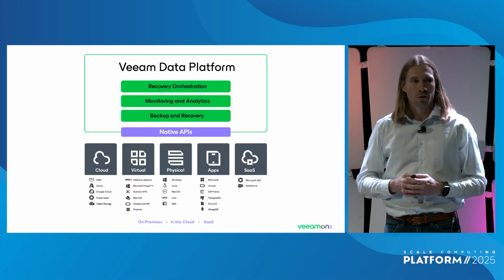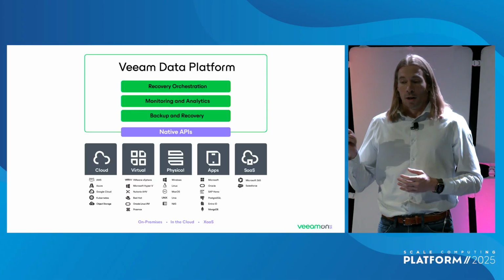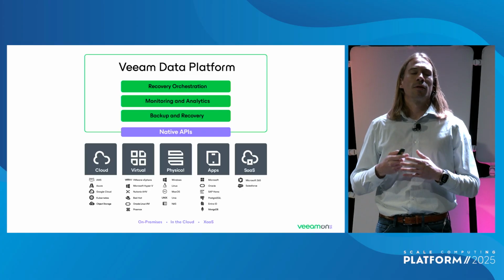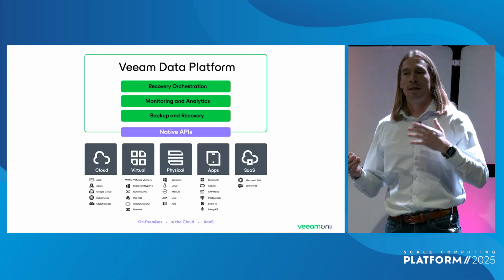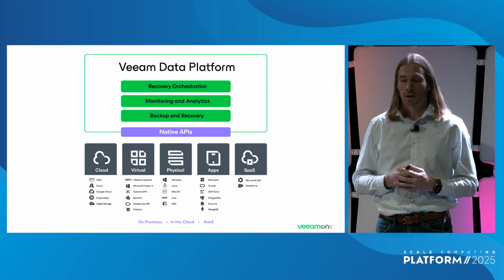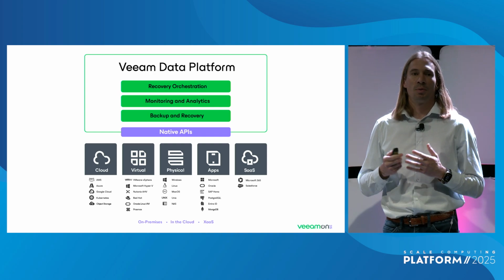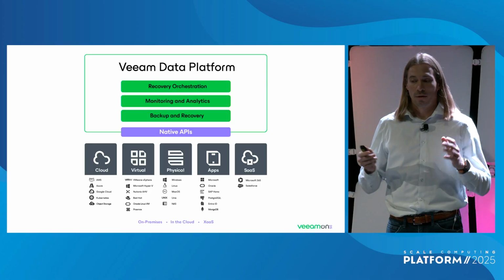You can see them up on screen, and we're so excited to talk about Scale today. Of course, we also have integrations with our physical agents, things that run directly on a Windows guest OS, Linux, AIX, Solaris, and so on and so forth. And of course, deep application integrations with things like Microsoft SQL, Postgres, and so much more.